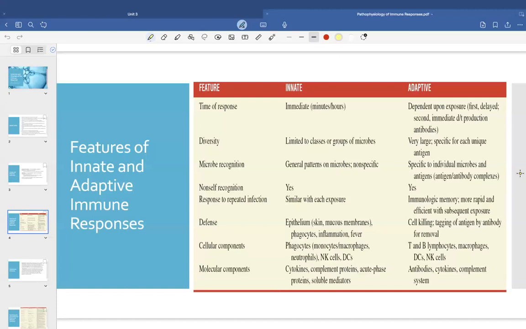As far as non-self recognition, both are supposed to be able to recognize non-self. As far as response to repeated infection, the innate is similar with each exposure. It doesn't ramp up because you've been exposed before. However, the adaptive will have a boosted effect because now it has those memory cells that can rapidly produce the immunoglobulins to attack it.